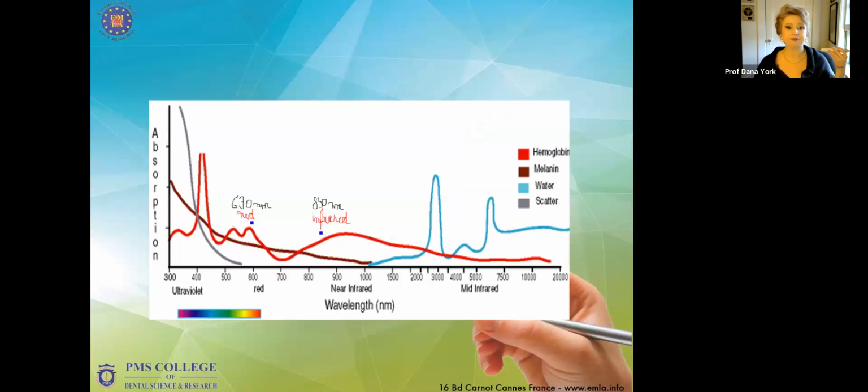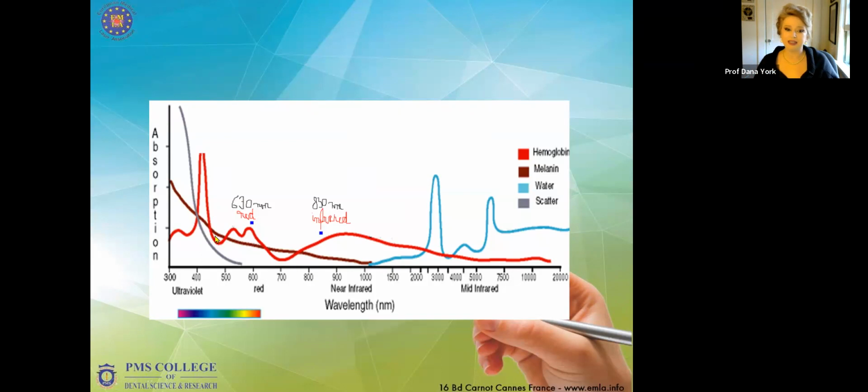We see in the spectrum of light, I put here in handwriting the two wavelengths that I use in most of my clinical studies: 630 nanometers and 830 nanometers. And most of the time, I combine them. So I use 630 for superficial on the gum, and then 830 for depth into the bone.